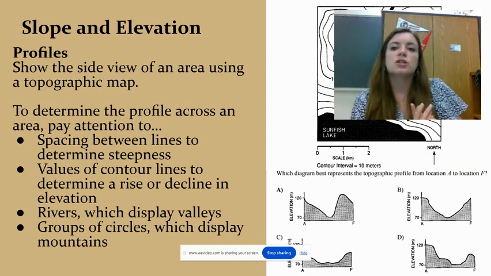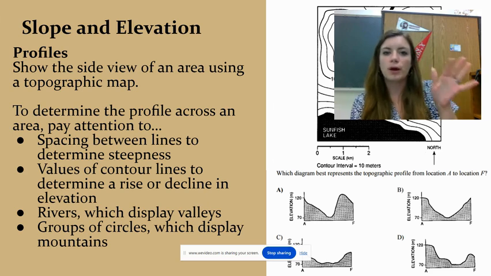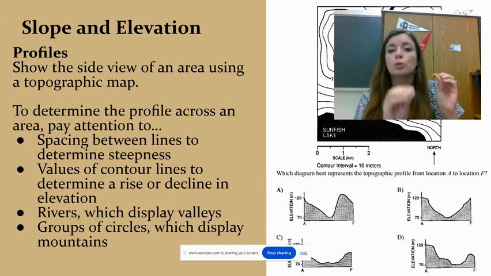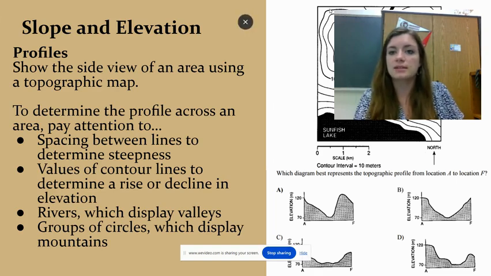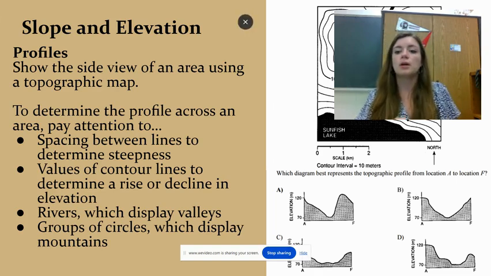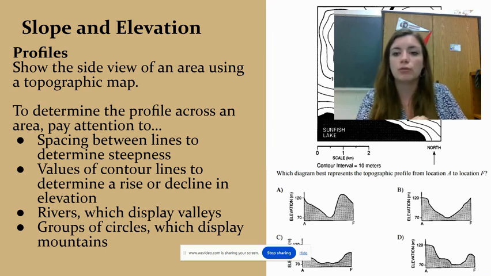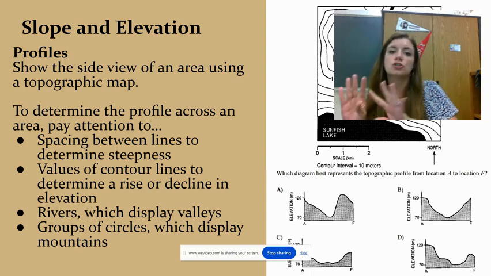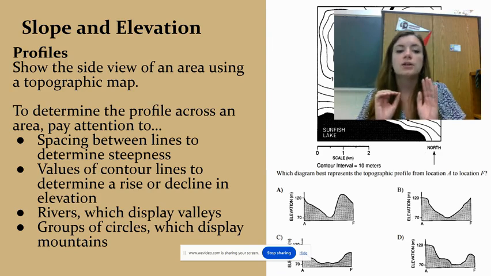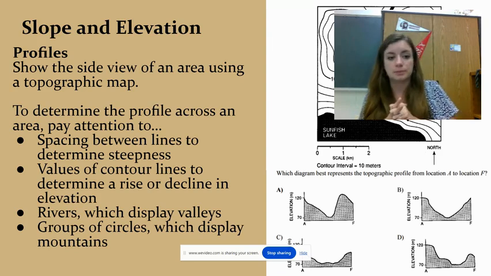There's a few different ways to determine that. Before I even begin, when we're talking about profiles, we're specifically talking about from point whatever to point whatever, because I can look at this and get a little overwhelmed. But when we're talking about profiles, we're specifically talking about, for example, point A to point F. How does the elevation change along that line? So again, there's a few things that you're going to do.